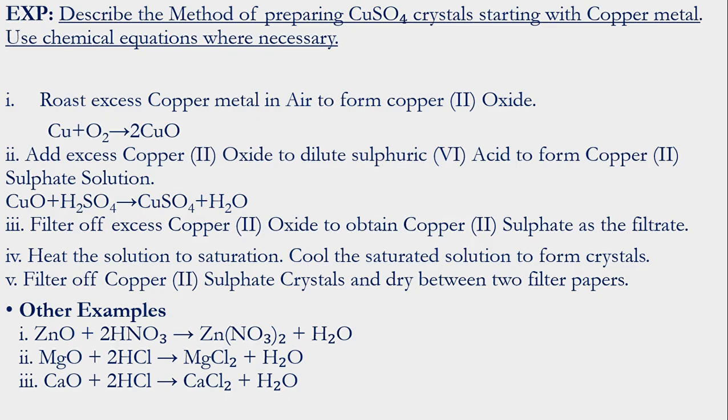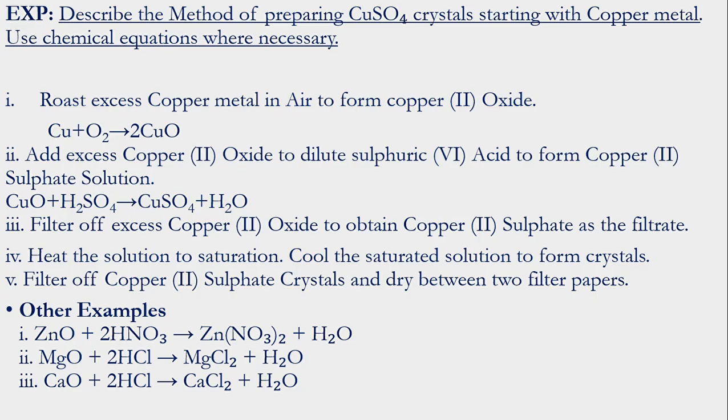So this one is also like a repetition of the first method, the procedure. So step number 3, number 4, and number 5, it is like a repetition. Just now we replace with copper(II) oxide, or we replace by the base and the acid.